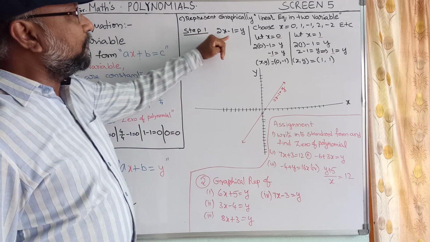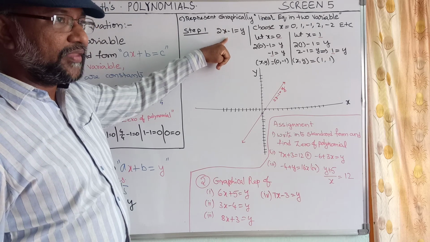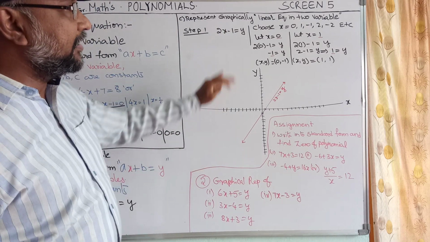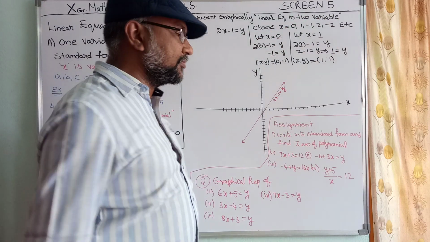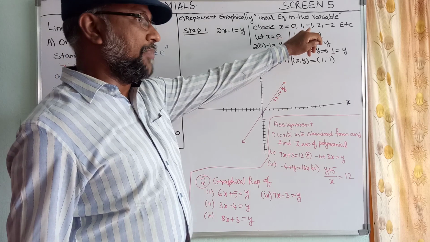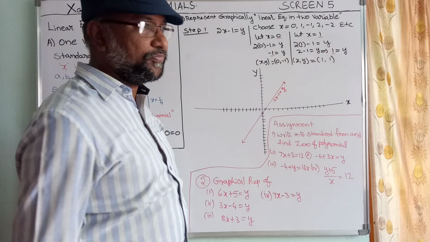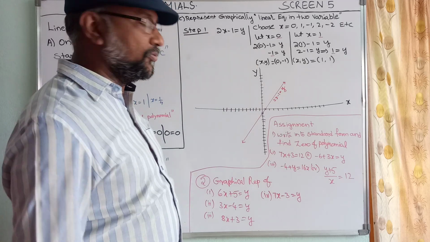Now, first you take this equation. It should be in the form like y is equal to ax plus b. Now choose x values like 0, plus 1, minus 1, plus 2, minus 2, etc. So you can take any number of values.